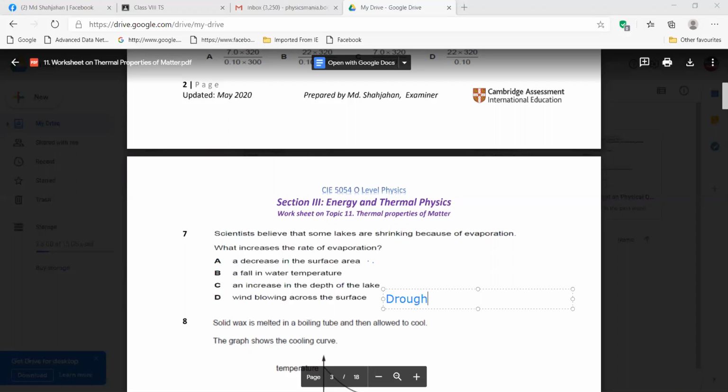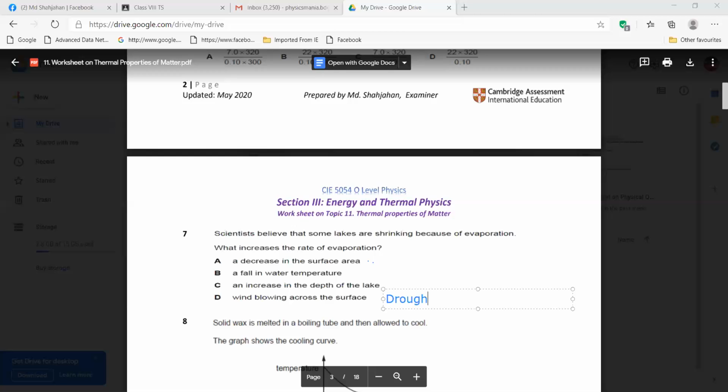One is drought. Drought means dry, not that one. This draft means air blowing, wind blowing. Sir, D-R-O-U-G-H. Did you check the dictionary? Is there also a T at the end? Wait, let me check. Drought.